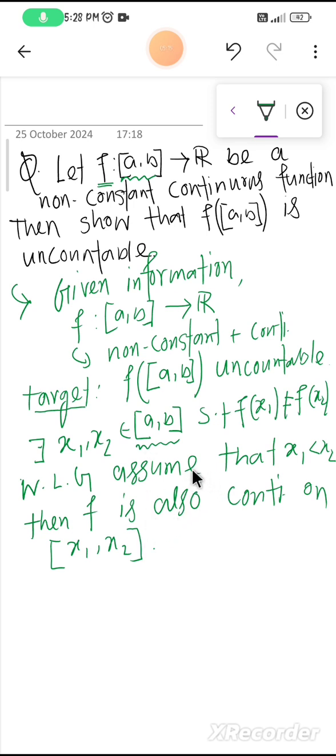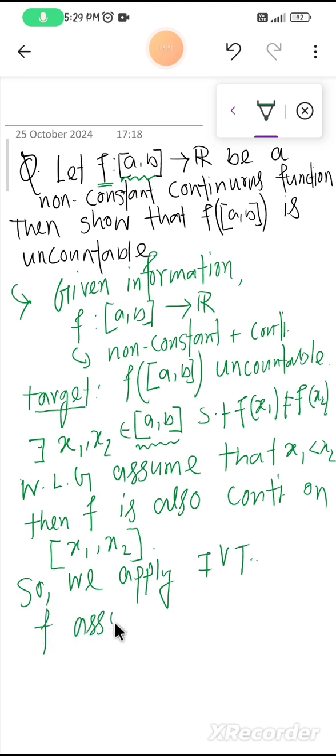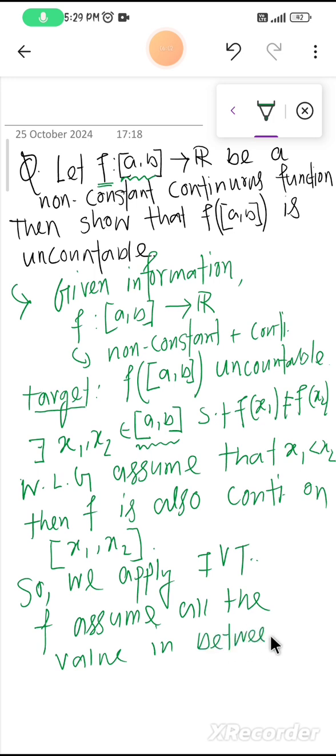So here we apply the IVT property. Here f of x1 is not equal to f of x2 and f is continuous on this interval x1, x2. So we apply here IVT, the intermediate value theorem. What does the intermediate value theorem say? It says that the function f assumes all the values in between f of x1 and f of x2.